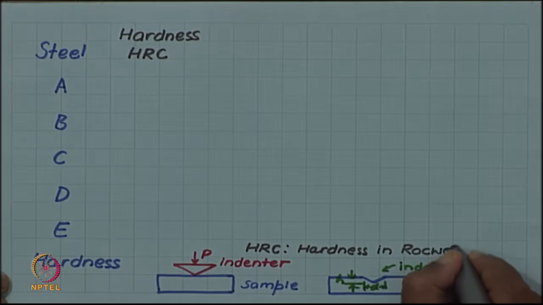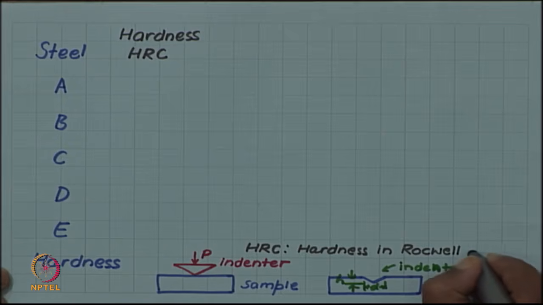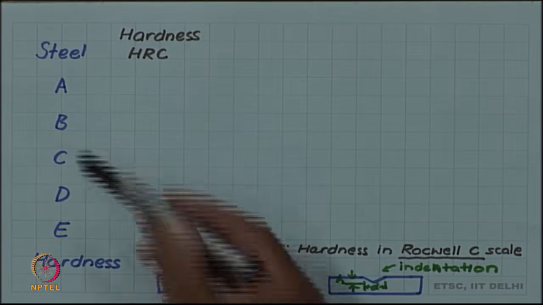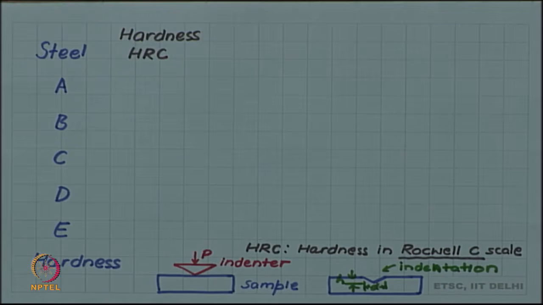Let us not worry at the moment what exactly load and indenter is used, but Rockwell C means a specific kind of load and a specific indenter is being used, and that is the same for all these steels. So, that is kept constant, but then the impression left in the different steels may be different, and that will indicate their different hardness. So, you get a number which is called the Rockwell hardness.